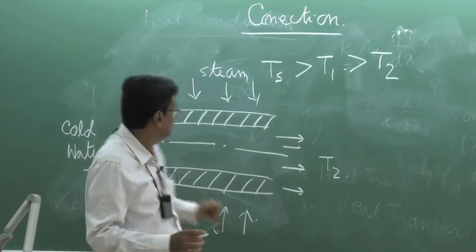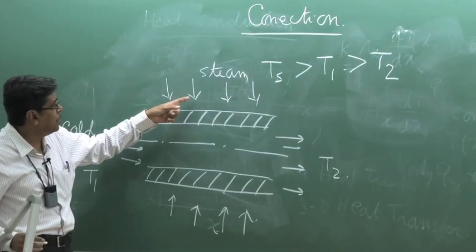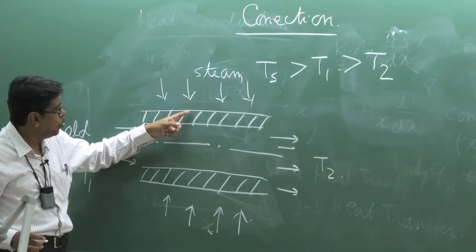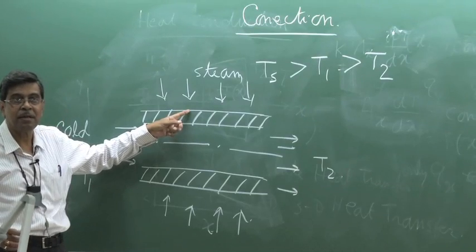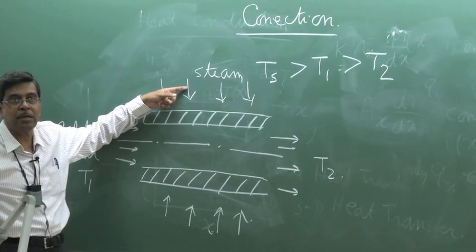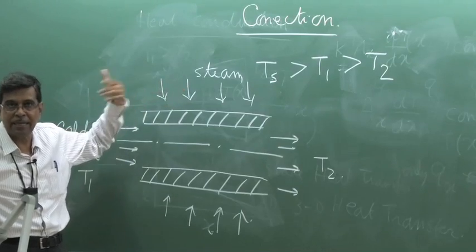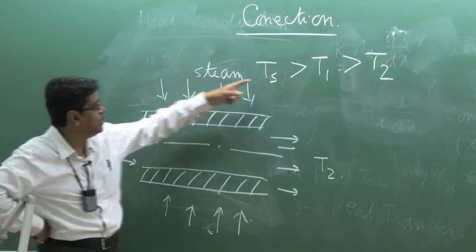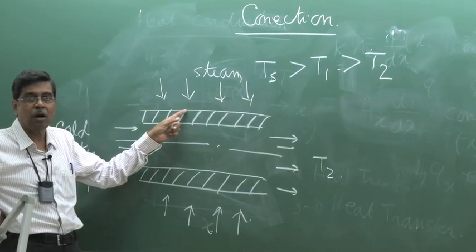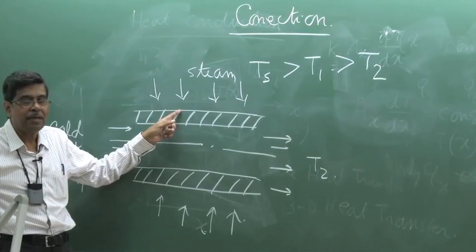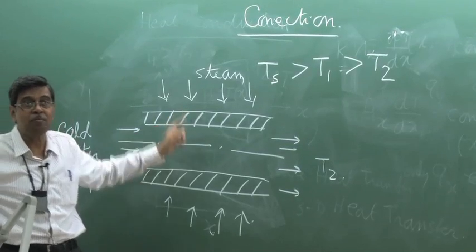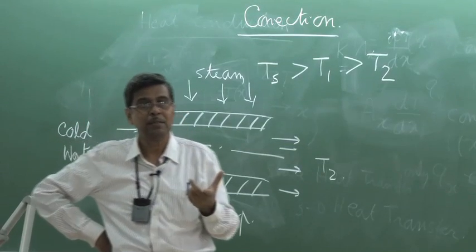First of all, the heat from the high temperature steam will heat this surface. If we use any temperature measuring instrument, a thermocouple or any other, we read Ts. And we will see that the temperature of this surface will be a little less. That means heat will flow from this steam to this surface, and that is the mode known as convection.